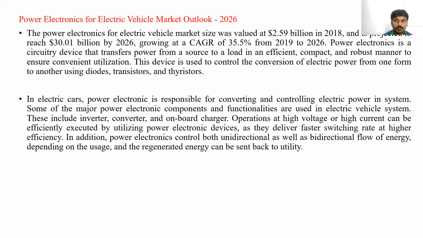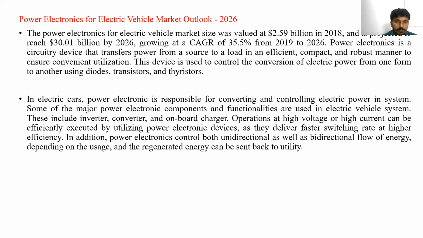Clear? And also this power electronic converter should be capable of bidirectional power flow, because sometimes the machine is operating as a motor, and sometimes as a generator. When the machine is operated as a motor, the power should flow from the battery to the motor.